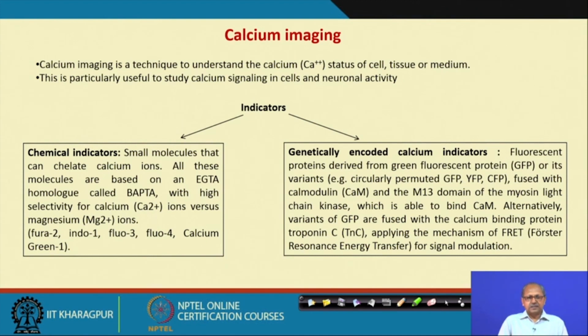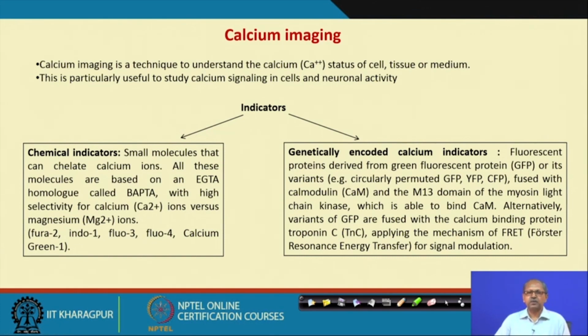quantify calcium signaling or the amount of calcium, there are varieties of fluorophores used. These fluorophores are of two types. One is chemical indicators, meaning small molecules that chelate the divalent cation calcium, like EGTA based BAPTA, and there are Fura 2, Indo 1, Fluo 3 and so on.